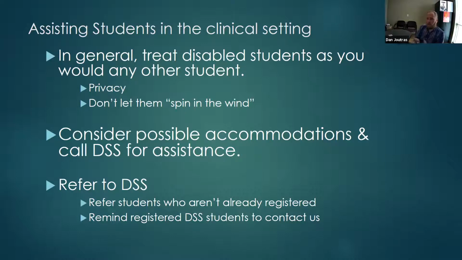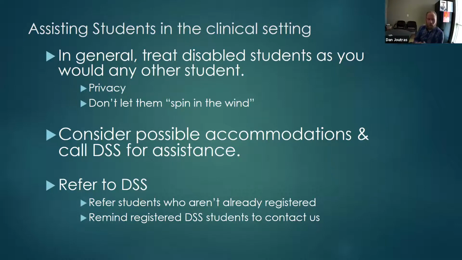In regards to considering possible accommodations and calling us for assistance, again, that reflects back to the previous slide. Referring students to DSS if you feel that a student is struggling, perhaps on account of a disability, or maybe not on account of a disability, that you just want to suggest us as a resource, then they have that empowerment to be able to contact us to see if we can assist them any further.